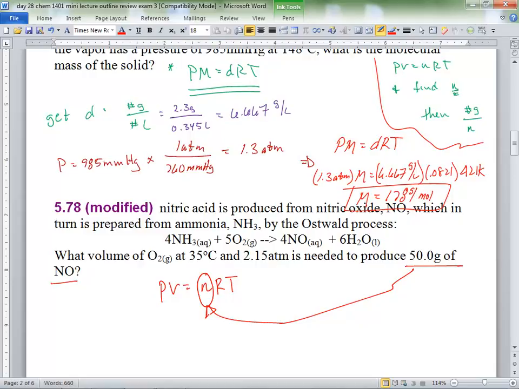It has to be the oxygen, right? Because oxygen is the gas. What volume of oxygen gas? The volume of oxygen gas, the pressure of the oxygen gas, the temperature of the oxygen gas, and it has to be the moles of the oxygen gas. So you found little n, it's just the wrong units and the wrong compound.